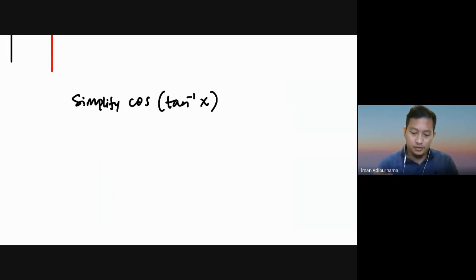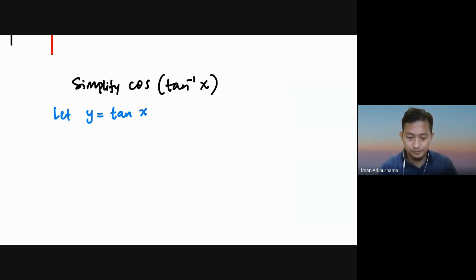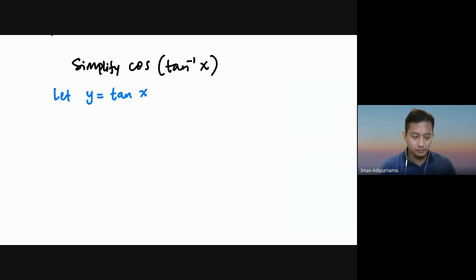Okay. To simplify this, we can start with, let y equal tangent inverse x. Okay. All right. Oh, sorry. Tangent inverse. Sorry.